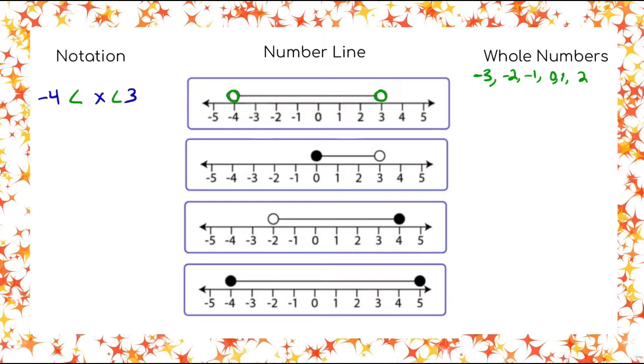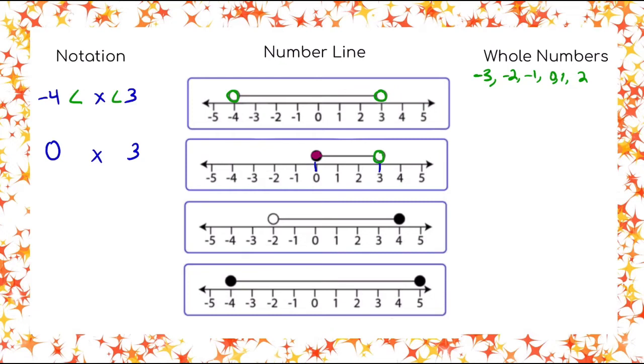Let's do the next one. I'm going to, again, include 0 and 3, even if they're not all included in the solution. So I'm going to start with 0, because that's my starting amount, and then x, and then 3, because that's my stopping amount. Now I need to include the symbols, keeping in mind that I have a closed circle and an open circle. What do you think those symbols would be?